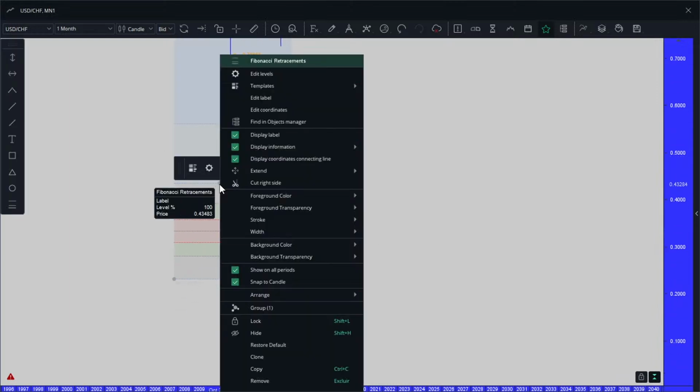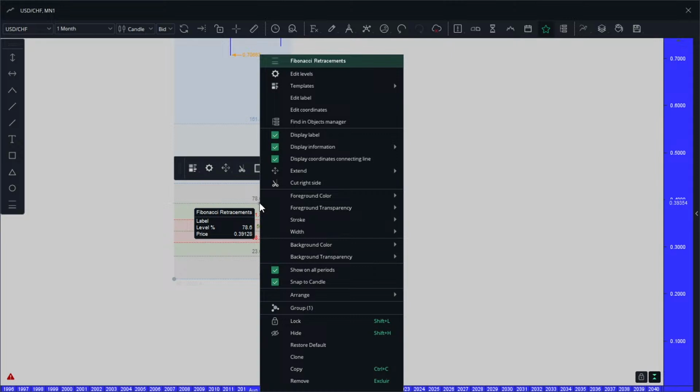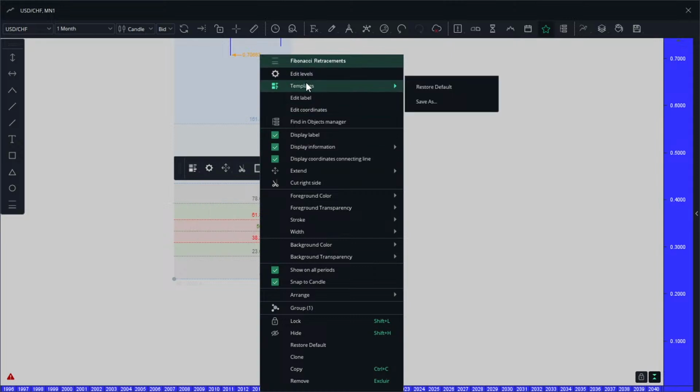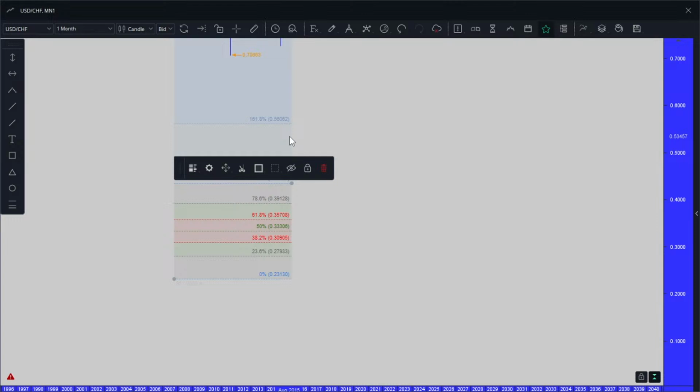And again, you know what, it's edit label, not label. Edit chord, Fibonacci retracement, edit levels, templates. Edit coordinates. No. What is this one? Templates, settings, extend, cut, background.